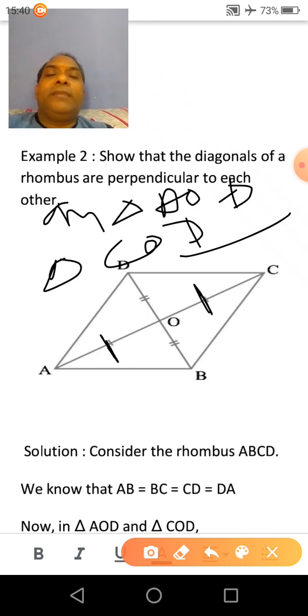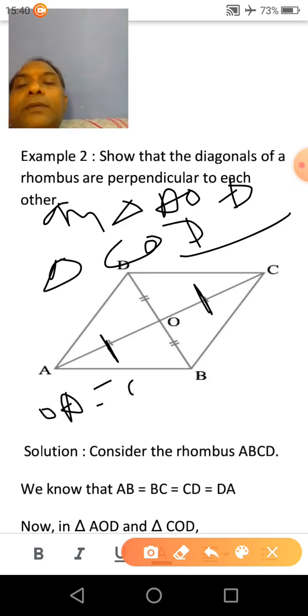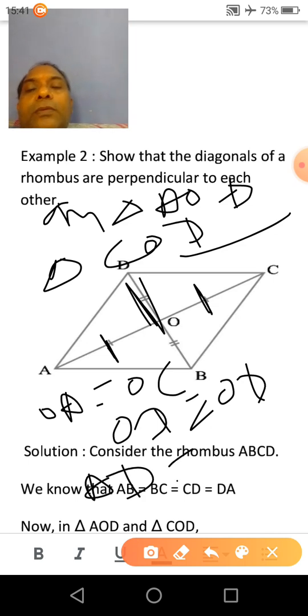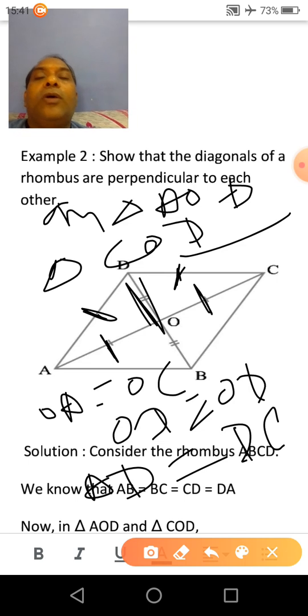So ABCD is a parallelogram and the diagonals of a parallelogram bisect each other. Clear? Now OA is equal to OC and OD is equal to OD, common in both, and AD is equal to CD, because all four sides are equal. AB is equal to BC is equal to CD is equal to DA.